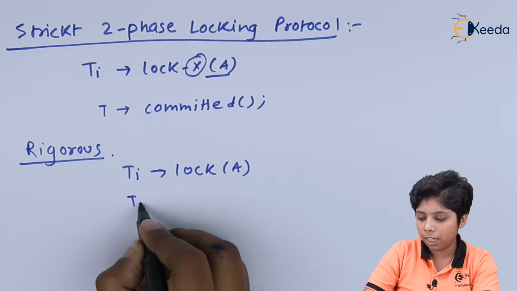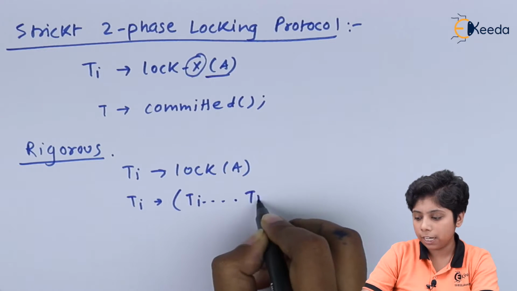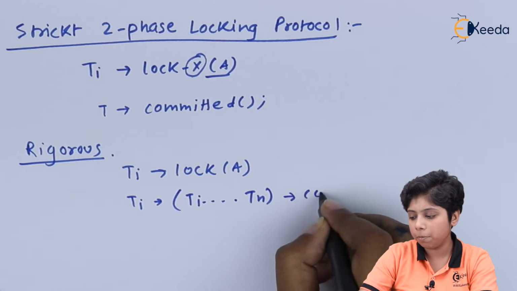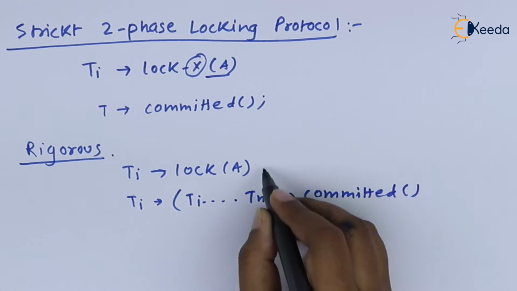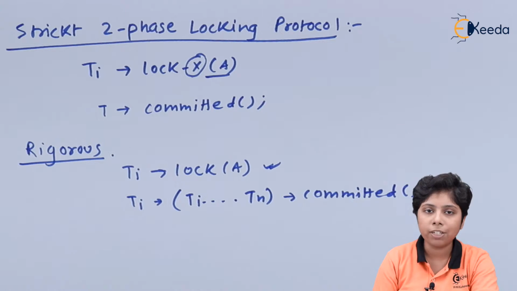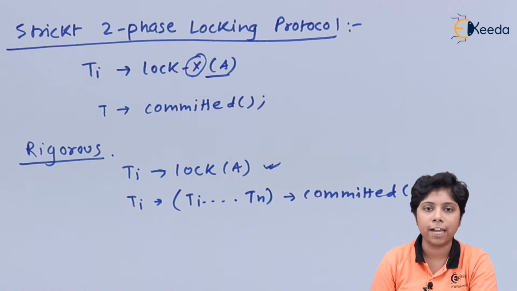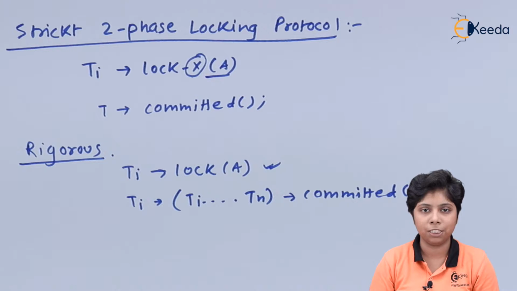That means TI, which belongs to T1 to TN, needs to be committed, and only after that can TI release a particular lock on data item A, whether it is in exclusive or in shared mode. So it is ensuring that the schedule which includes the transaction TI will be a serial schedule with the legal one, ensuring conflict serializability.